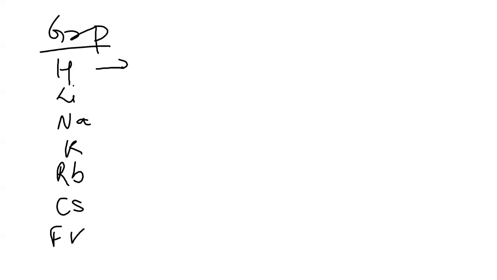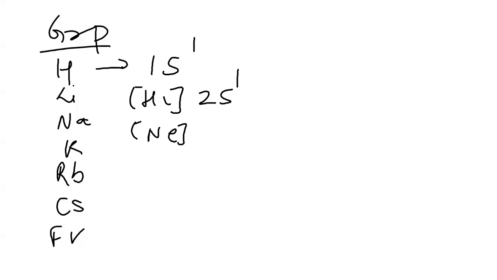Do you have your book? Write down the electronic configuration. Everyone should have one electron in their outermost shell. So here it will be helium 2s1. Here it will be neon 3s1. Okay, here it will be argon 4s1.